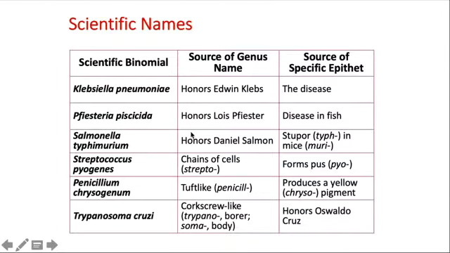If you look at another example, Streptococcus pyogenes, the genus name is sourced from the morphology of the cells. They are straight chains, and so strepto, and then it forms pus, so that's pyo, so Streptococcus pyogenes. So there are no hard and fast rules about it, but the bottom line is that there is a genus and a species name that are accepted by internationally recognized bodies, and then it becomes a universal name for that particular organism.